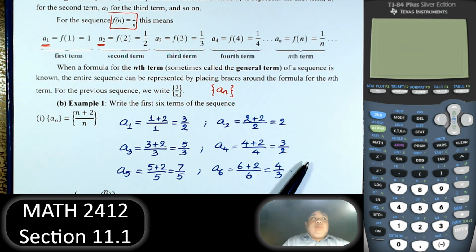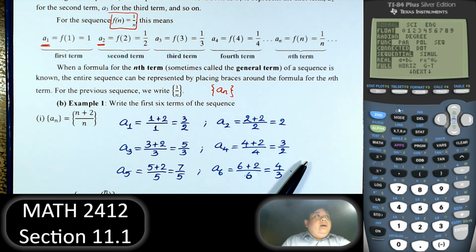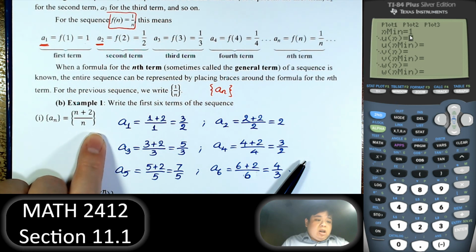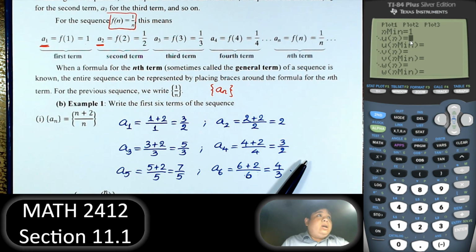Of course, if we use the calculator, hit mode, we are in function mode, and we can use parametric and polar. Now go to sequence, and then we would write the sequence. The first term is 1. The first term we start with n, so we start with a1.